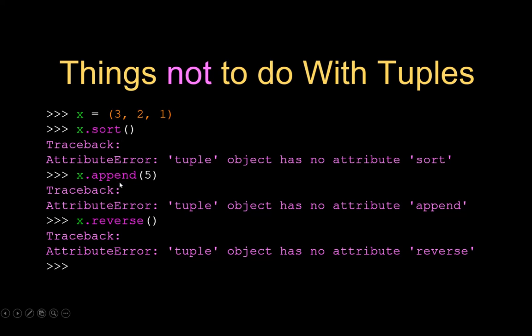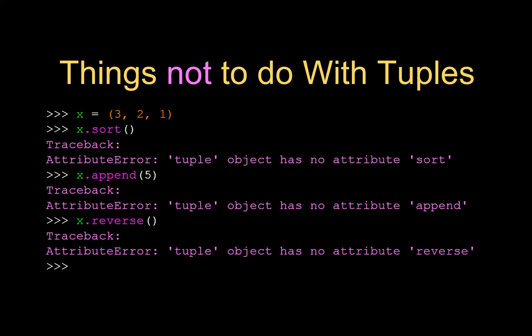The other thing is append. We cannot append an item to an existing tuple. We have to basically delete it and recreate it again. That's another method that we cannot use in tuples.